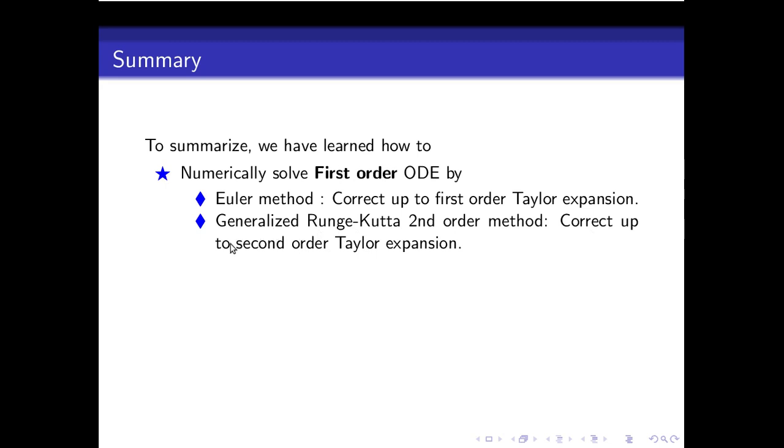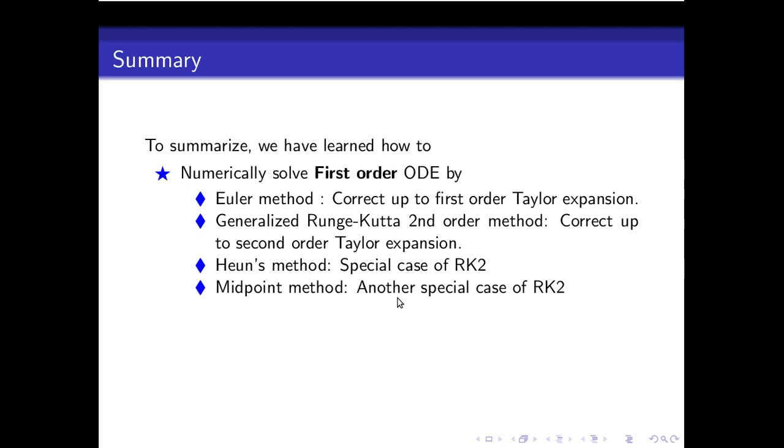This does not mean that we are solving second order differential equations. Remember this. Heun's method is a special case of RK2, we have seen that, and another method is the midpoint method. This is another special case of RK2. These two are explicit improvements of the Euler method.